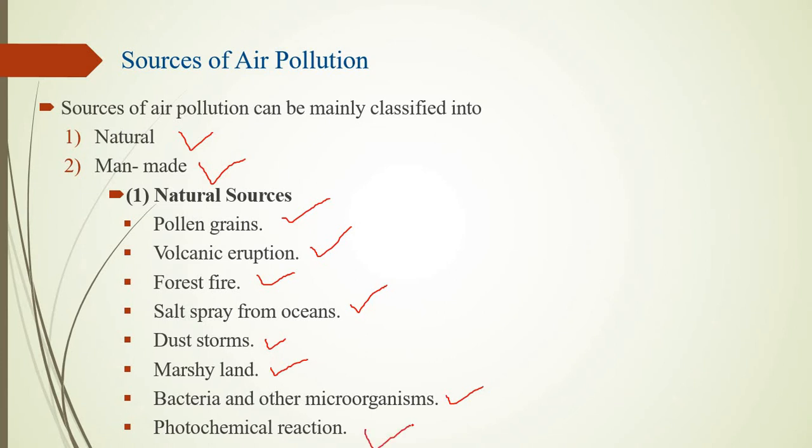Photochemical reaction. Photochemical reaction means the chemicals are not directly contacted, but two chemicals are mixed and create some polluted gases from that. That's called a photochemical reaction.